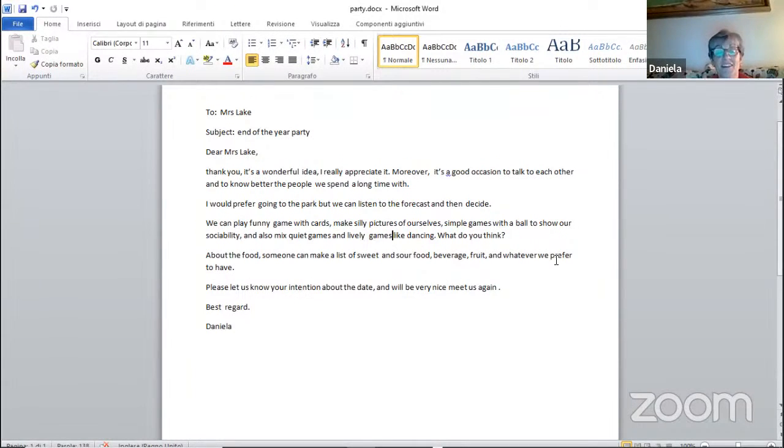Each one can share, and we can underline, sottolineare, or tick, segnare, with T-I-C-K.